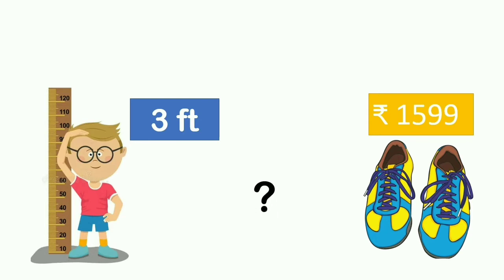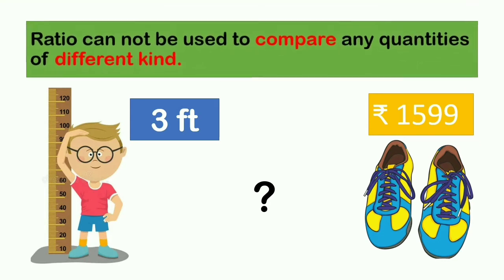Can we compare the height of one person to the price of a shoe? No, this is not possible. Ratio cannot be used to compare quantities of different kinds. Let's move to the next slide.